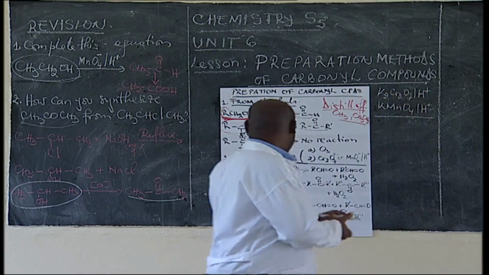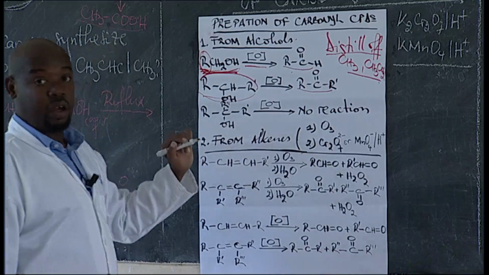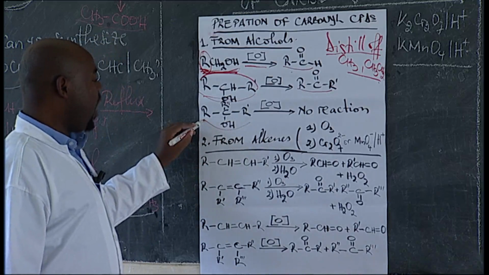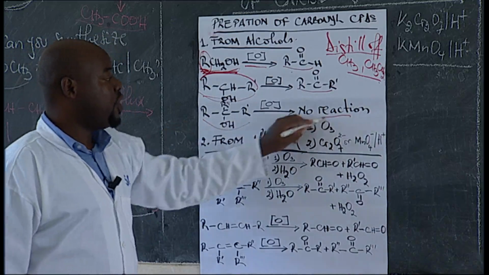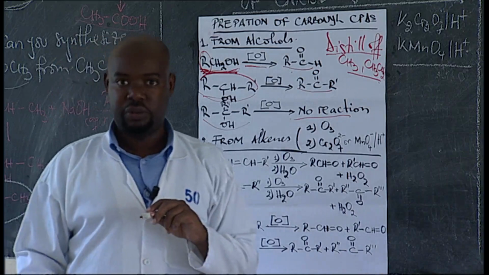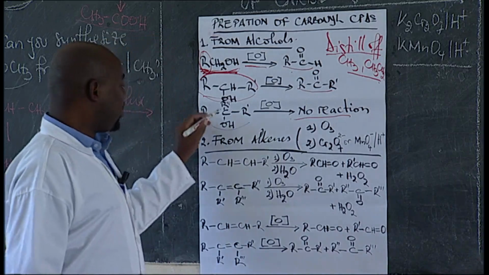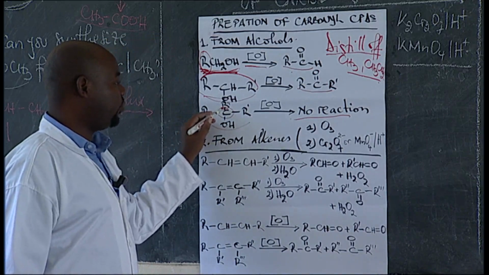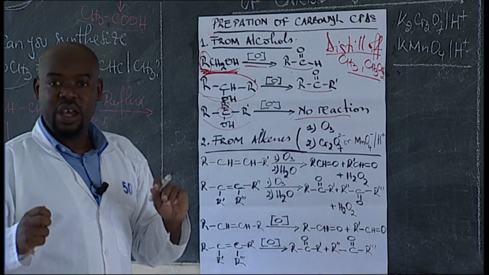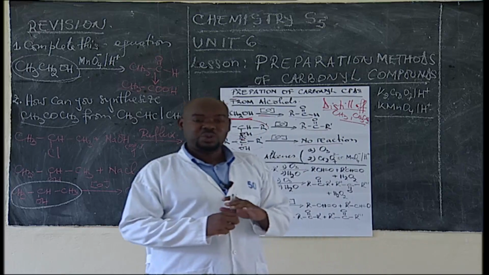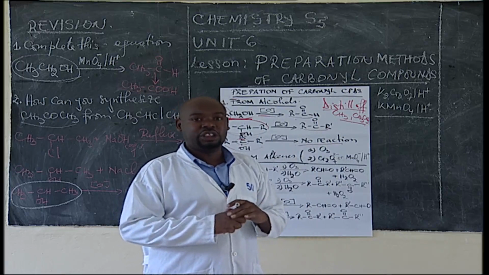And here there is something very important. I want to remind you. From tertiary alcohols, there is no reaction. You know the reason why there is no reaction. It's because this carbon here lacks a hydrogen atom. So with no hydrogen atom on that carbon, there is no possibility of undergoing an oxidation.